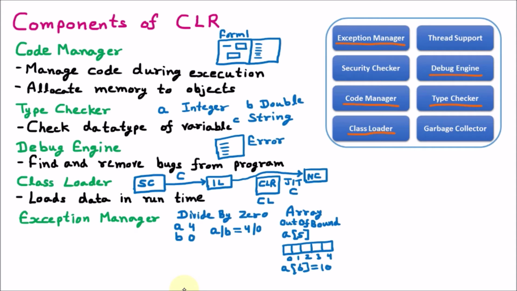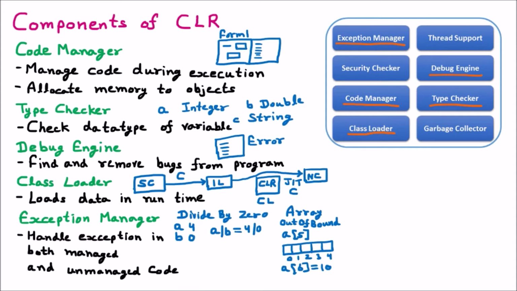So in such cases, divide by 0, array out of bound, the exception occurs, and this exception is taken care of by the exception manager. So we can say that the exception manager handles the exception in both managed and unmanaged code.